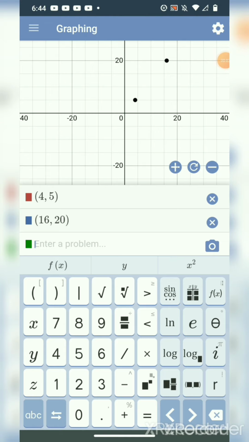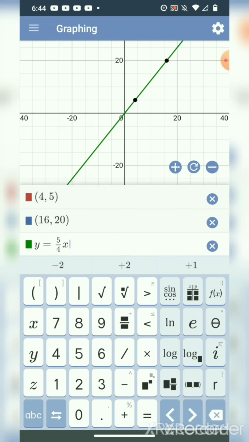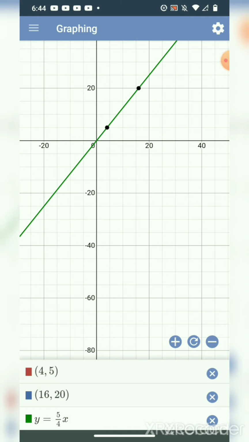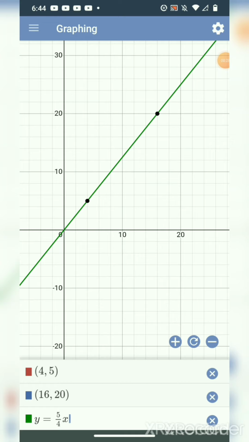When we have the slope 5 over 4x, the line is going to have a strike through the two dots, or the two coordinates on our graph. If it intersects the two coordinates, that can tell us that we were correct.